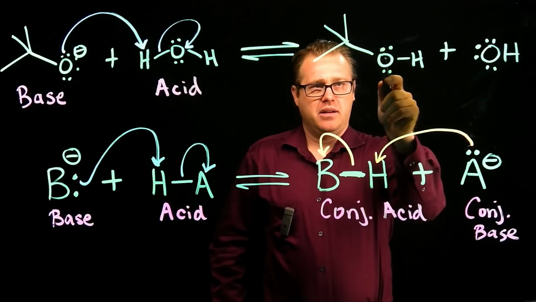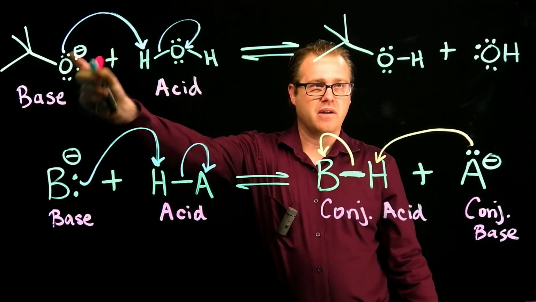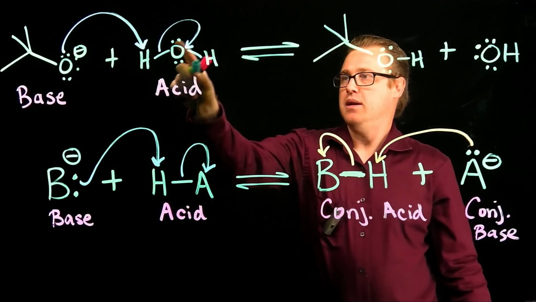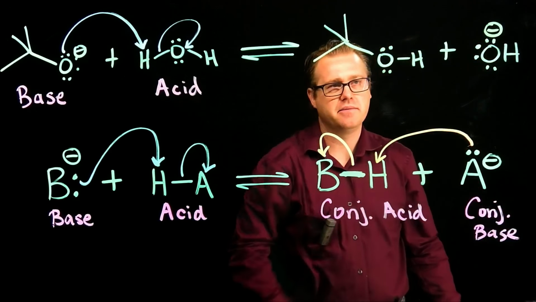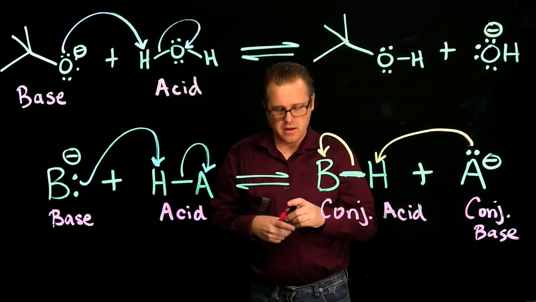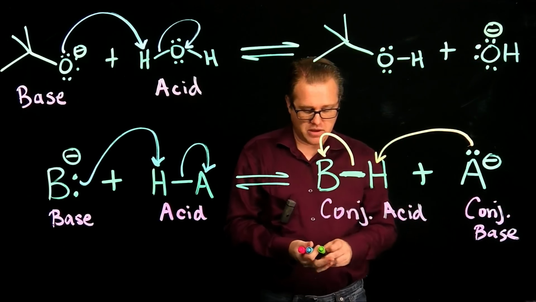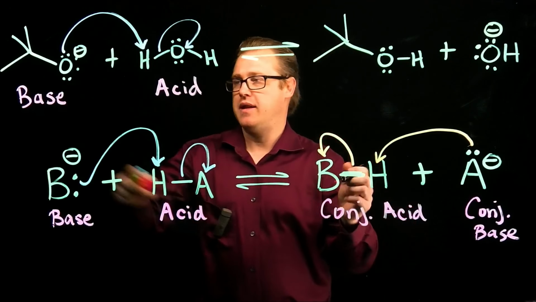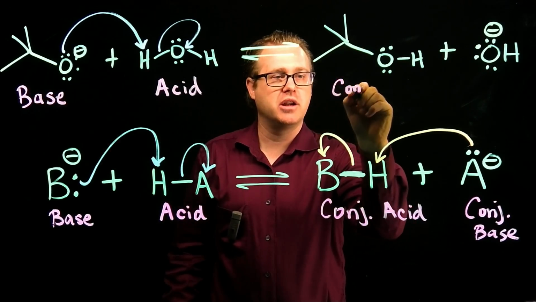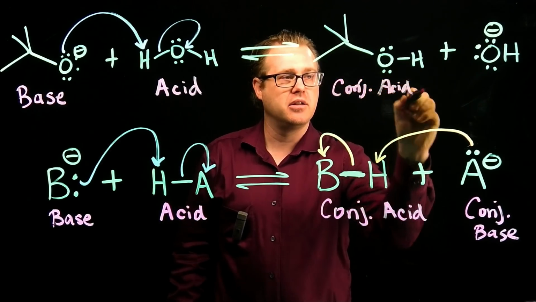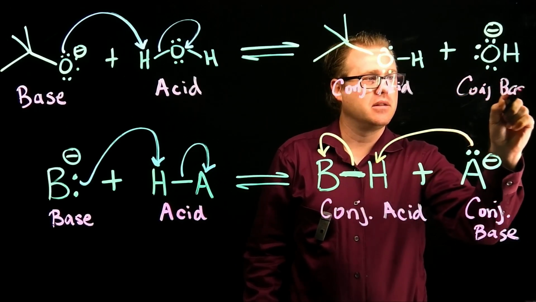Now we evaluate. What are the formal charges? Well, that was negative over here. Now it's neutral. It's neutral here. Now that guy goes negative. And so we need to identify which ones these are. If that's the base right here, that makes that guy the conjugate acid, and then that would be the conjugate base.